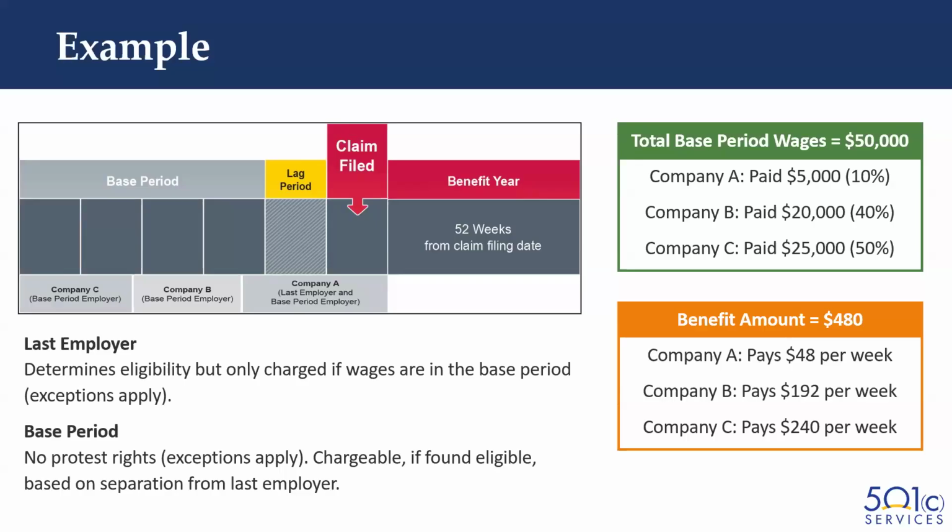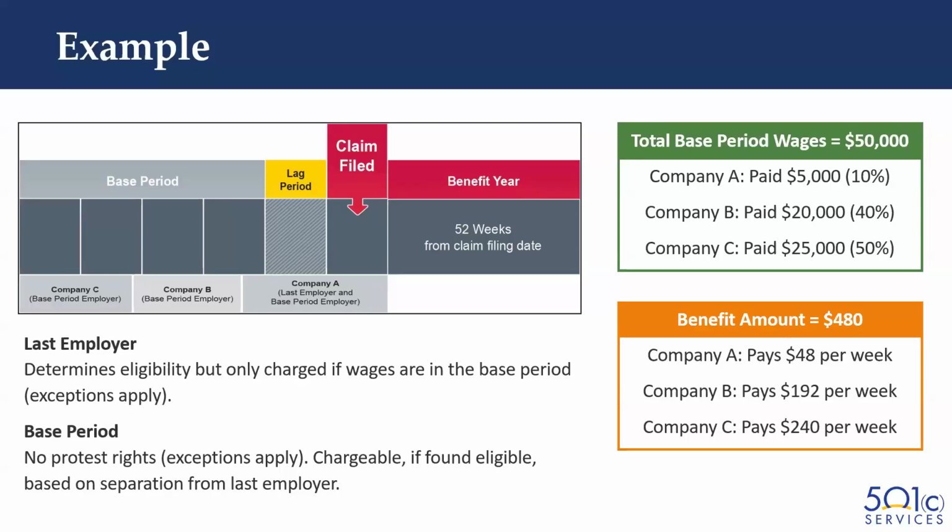In this scenario, I'm about to go through the dollar amounts, and you can see that the oldest employer here actually has the biggest chunk of the liability on the claim. But in a later scenario, you could be Company A, and maybe you are the one that laid the person off, but you're going to get the least amount of charges. So it works both ways.